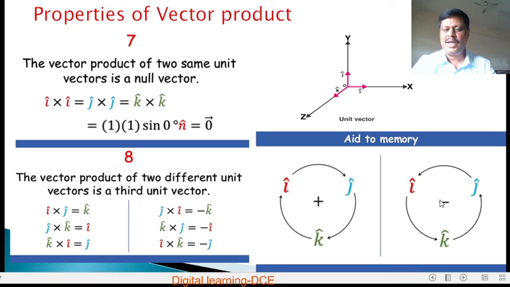Similarly, in the anti-clockwise direction the sign is negative: j cross i is equal to minus k, i cross k is equal to minus j, and k cross j is equal to minus i.